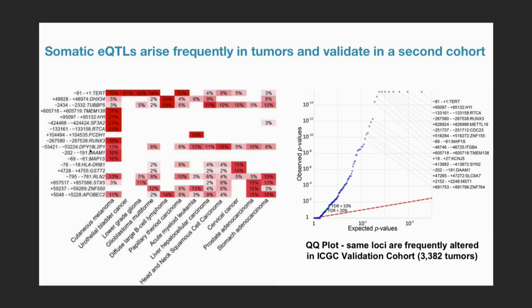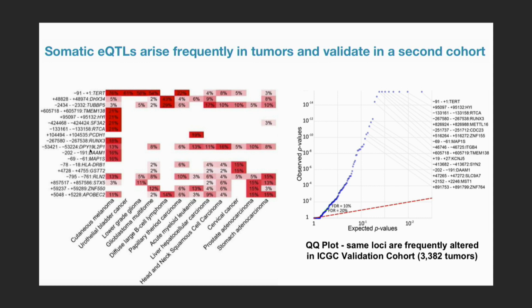The numbers in these red boxes, I think you might be able to make them out. The color choice here is unfortunate, but the numbers range from 5-6% all the way up to 70-something% for TERT, with many in the 30-50% range.